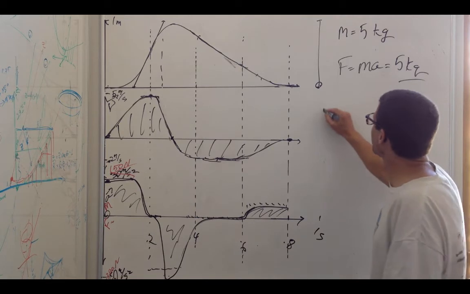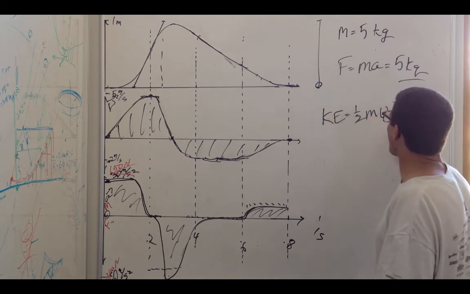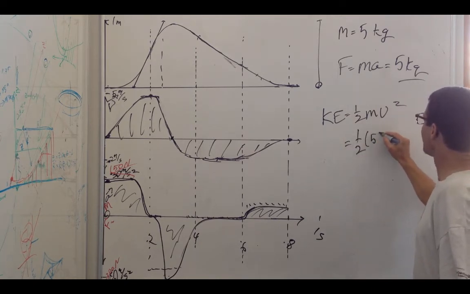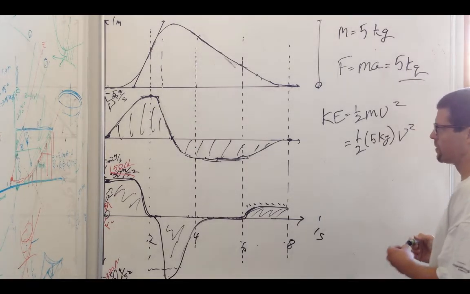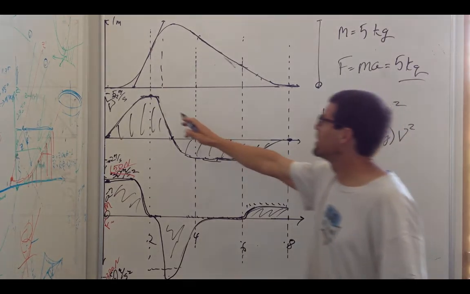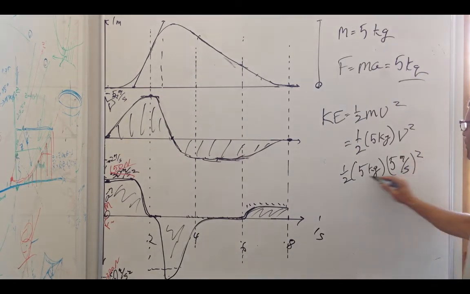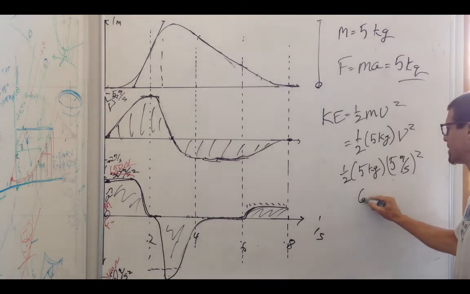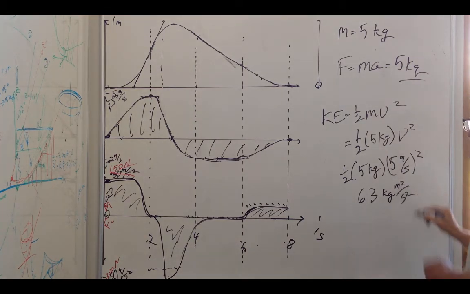How about the kinetic energy? It's equal to 1/2 mv squared. And so 1/2 times 5 kg times v squared. My maximum velocity is about 5 meters per second. We square that. 25 times 5 is 125, divided by 2 is like 63 kilogram meters squared per second squared.